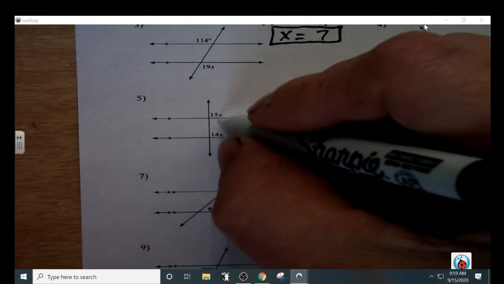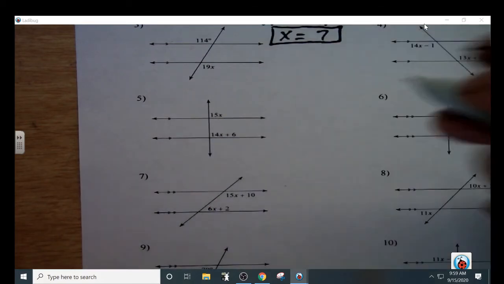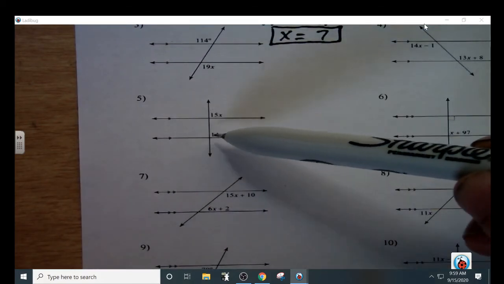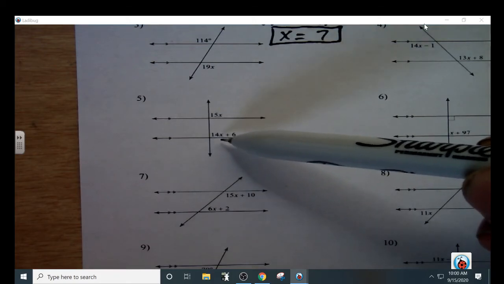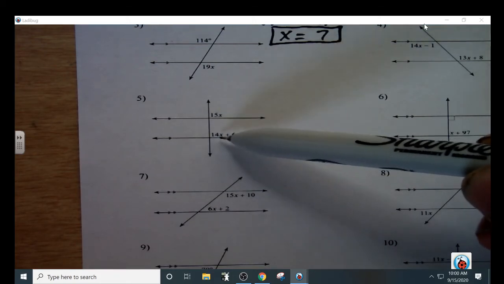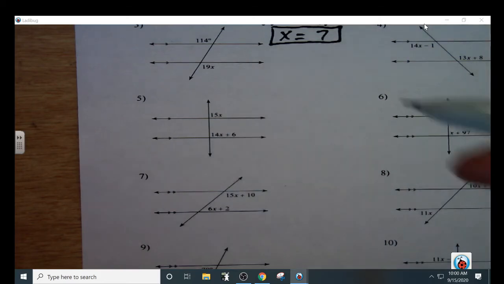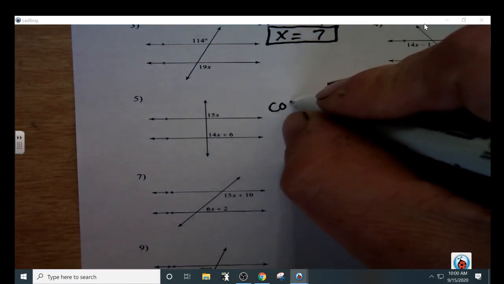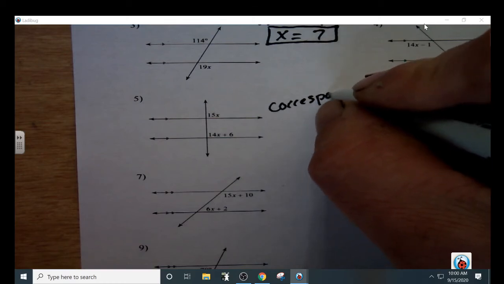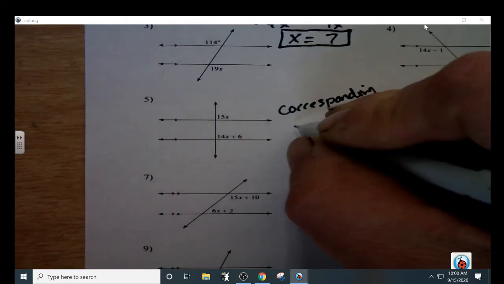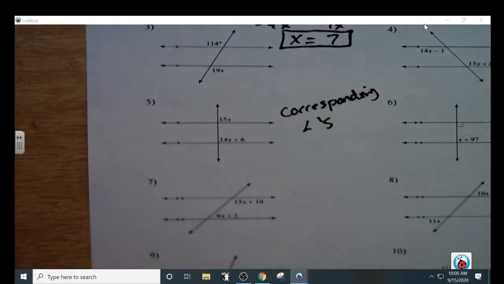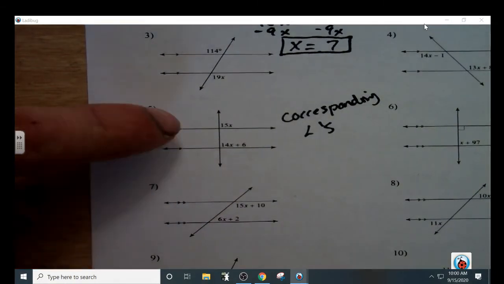Guys, if you have angles like this, notice they kind of occupy the same space. The only difference is one's exterior, one's interior. Those are going to be your corresponding angles. Okay, that's going to be probably one of the hardest ones to spot.